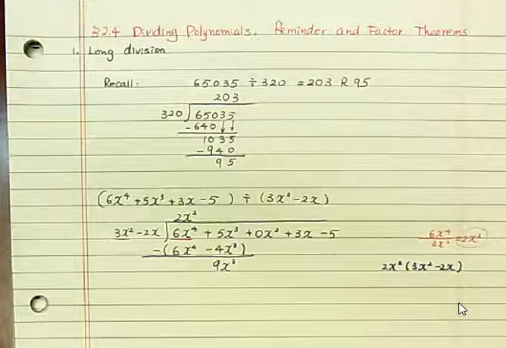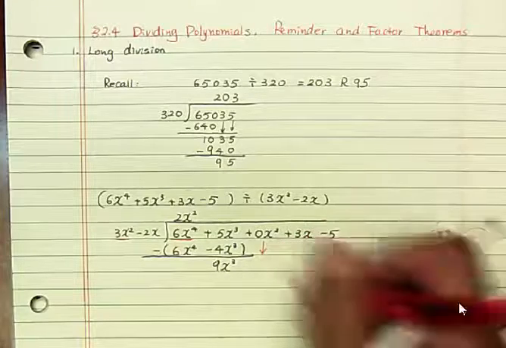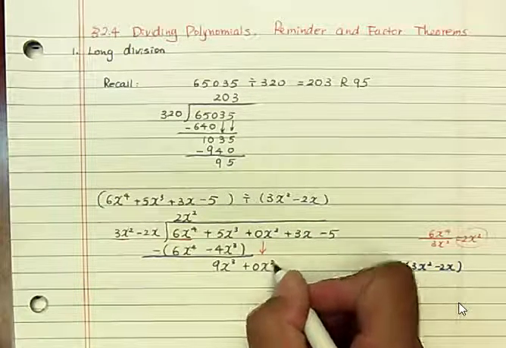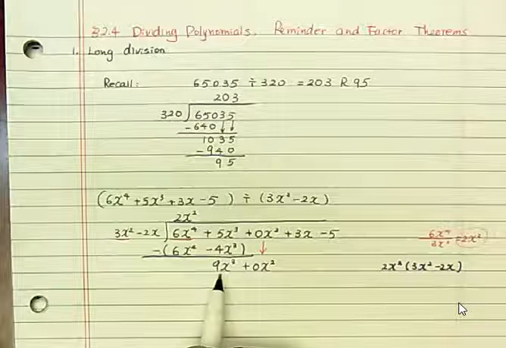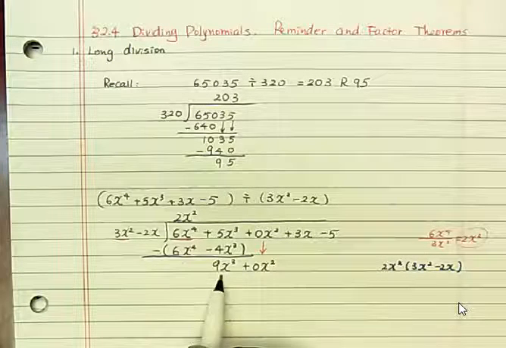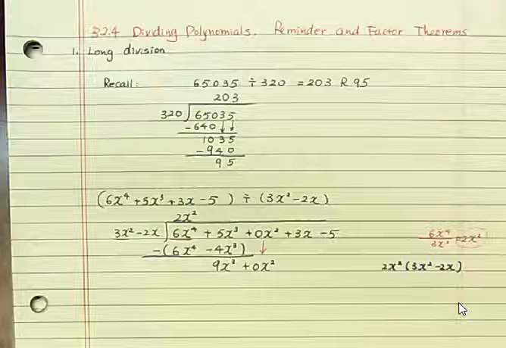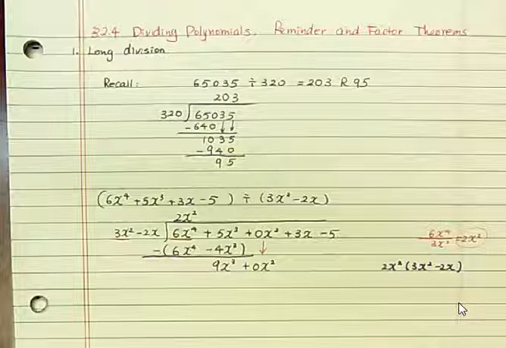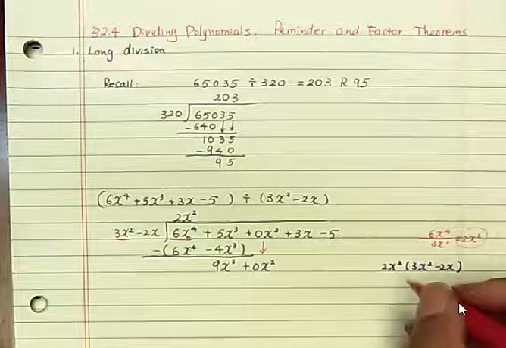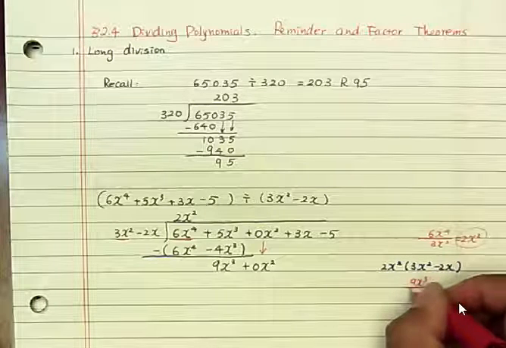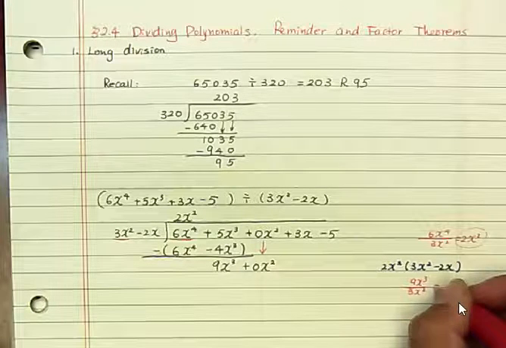So the next thing we are going to do, bring down the next term, plus 0x squared. Let's see if we have enough to divide or not. So you have 9x cubed divided by 3x squared.